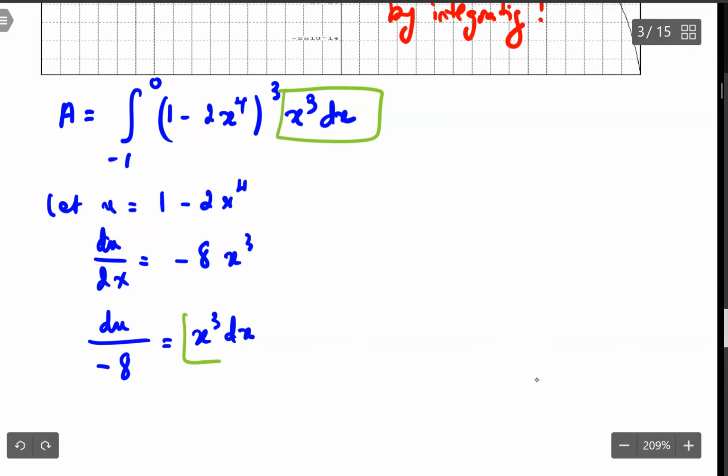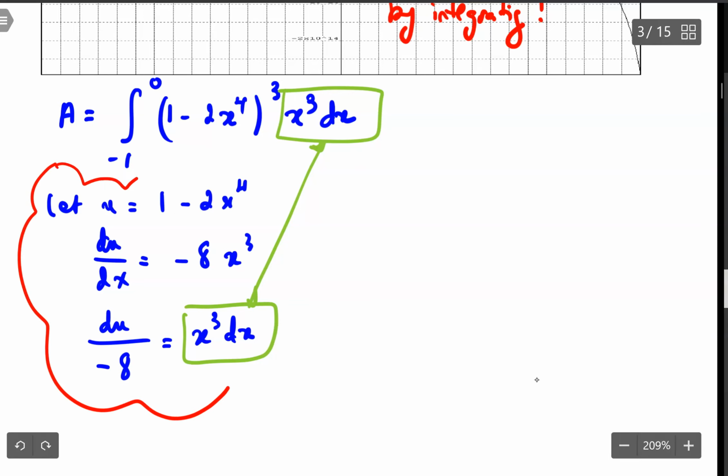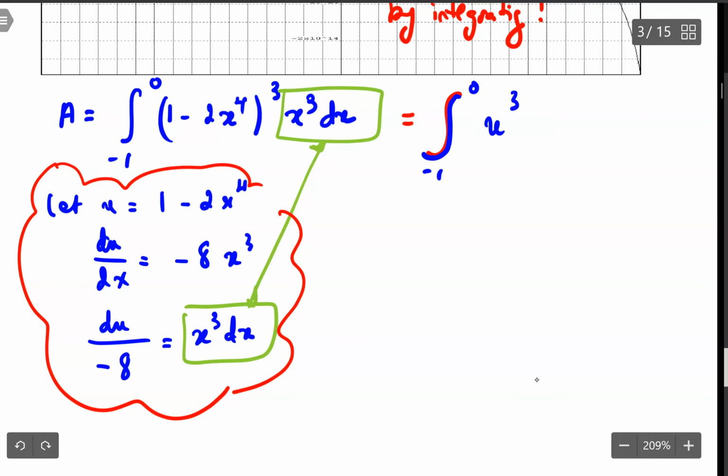So now I have this. Now I can replace the integrand by du. So I will have the integral from -1 to 0 of u raised to exponent 3, and I will multiply that with du divided by -8.